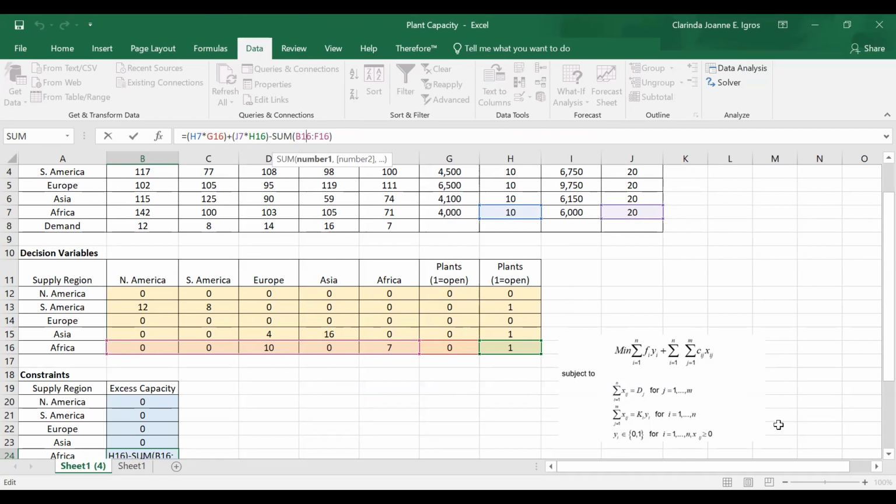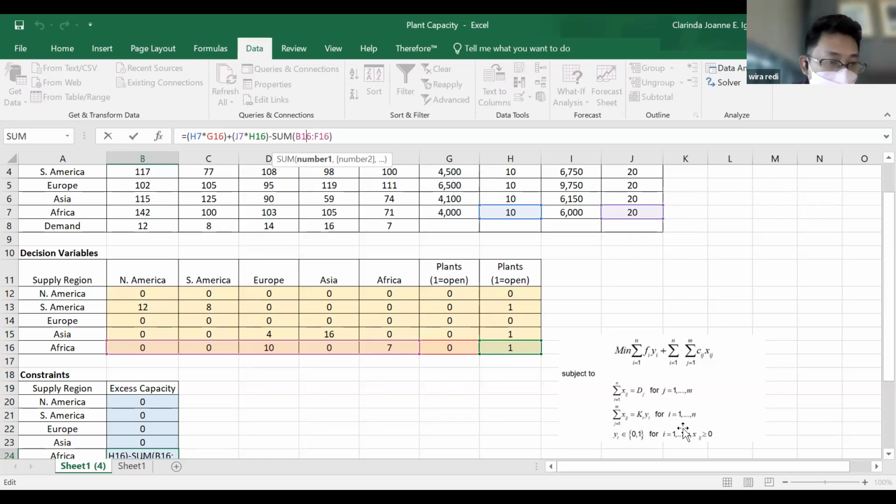The constraint from B19 until B24 is the one in the middle. What it actually means is that the demand served by those particular facilities should not be equal, it should be less than or equal.